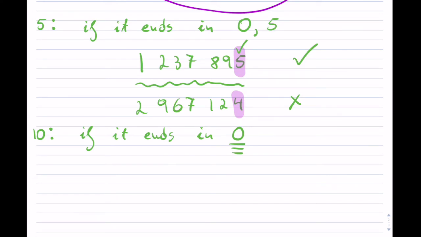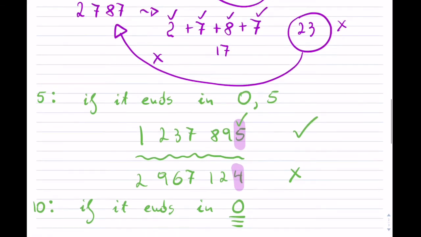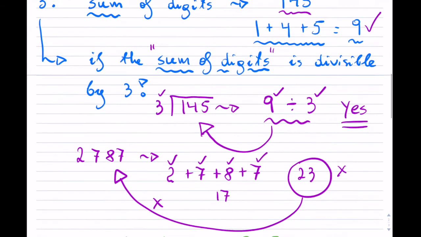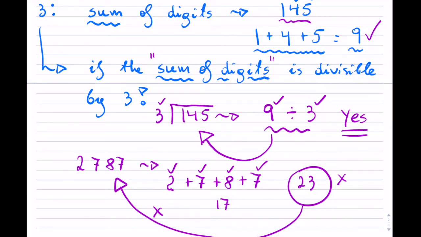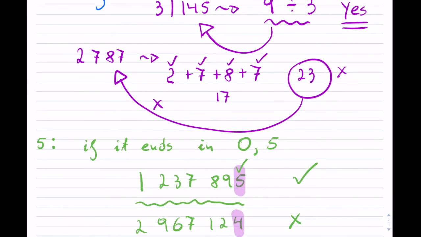If it is not a 0, then it is not divisible by 10. So this helps us because when we want to break down a bigger number into primes, we can use these divisibility tests to see how to break the number down.